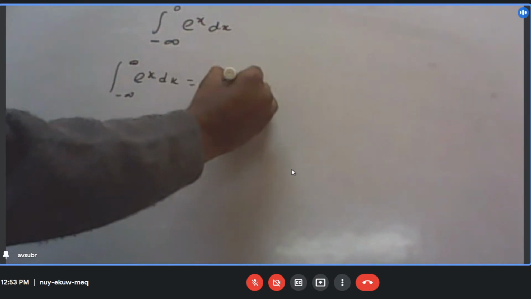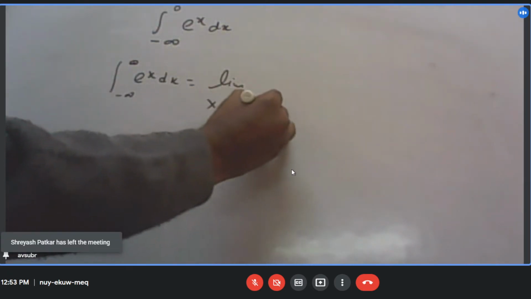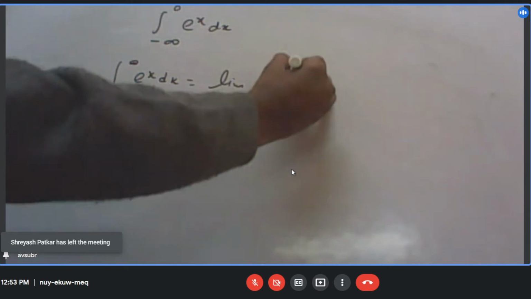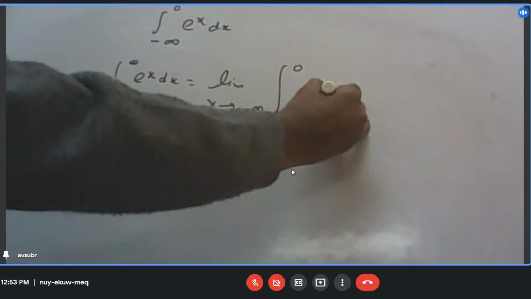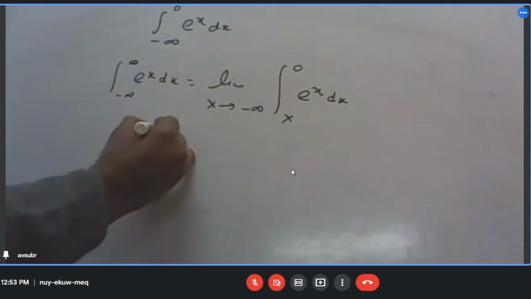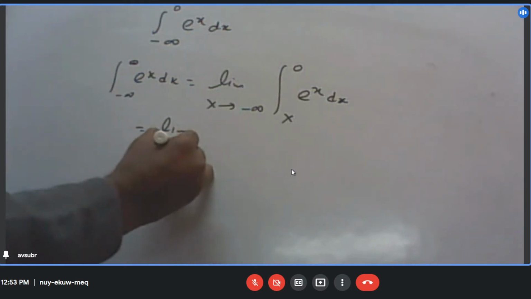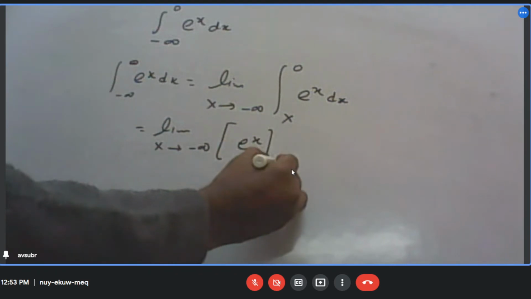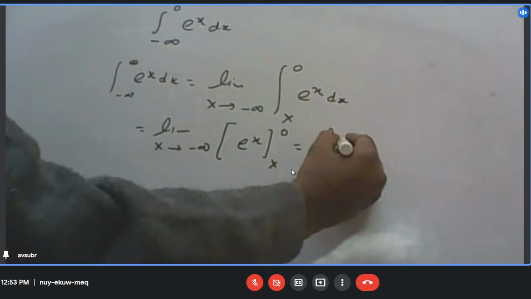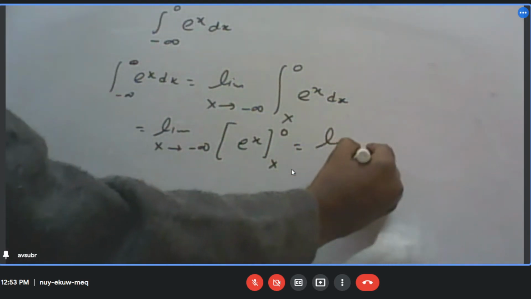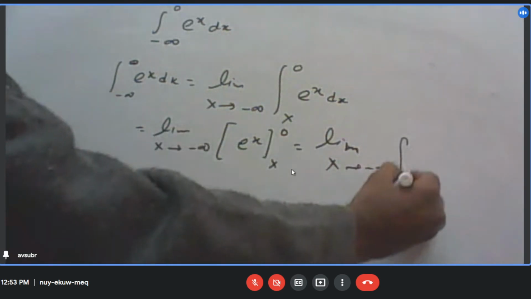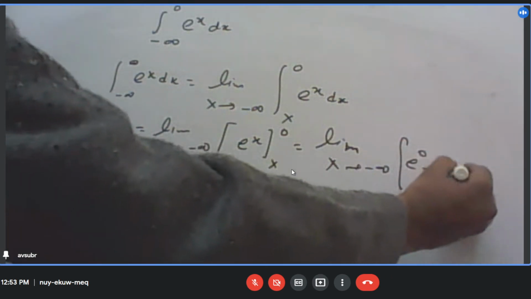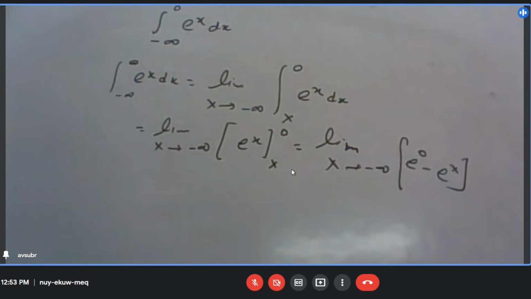I can write limit x tends to minus infinity of the integral from x to 0 of e to the power x dx, or limit x tends to minus infinity of e to the power x evaluated from x to 0, or limit x tends to minus infinity of e to the power 0 minus e to the power x. Can I write it like this?